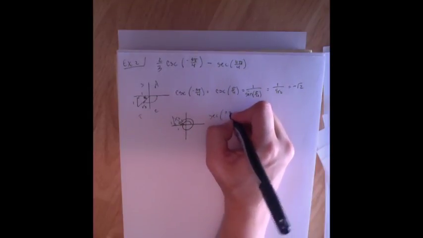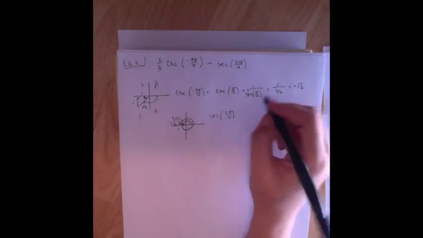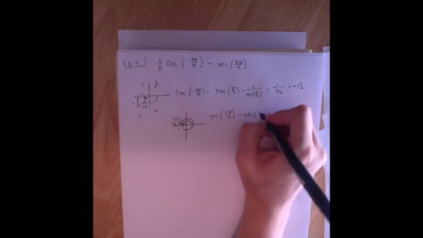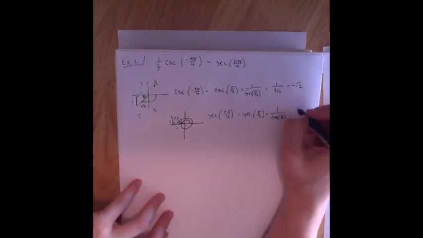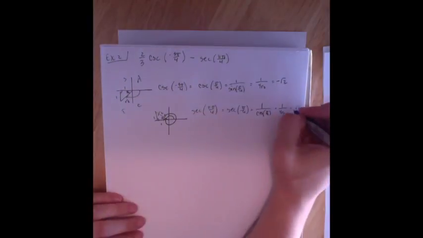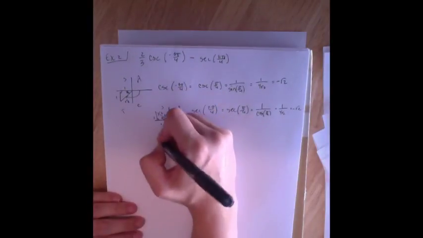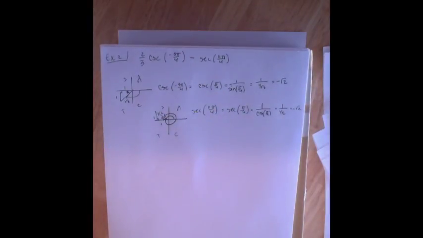So the secant of 11 pi over 4 is the same as the secant of pi over 4, which is 1 over the cosine of pi over 4, which again is 1 over root 2, which is root 2, and it is also negative. All students take calculus.